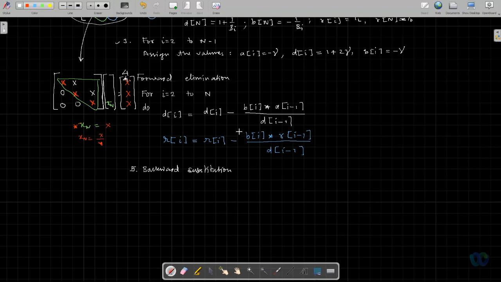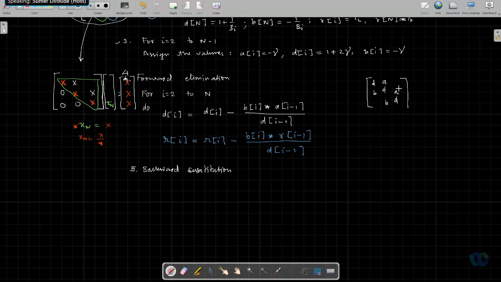The student who asked me a question, please note that it depends upon the notation in one lecture. Now we are using this notation: D for diagonal, A for above, and B for below.